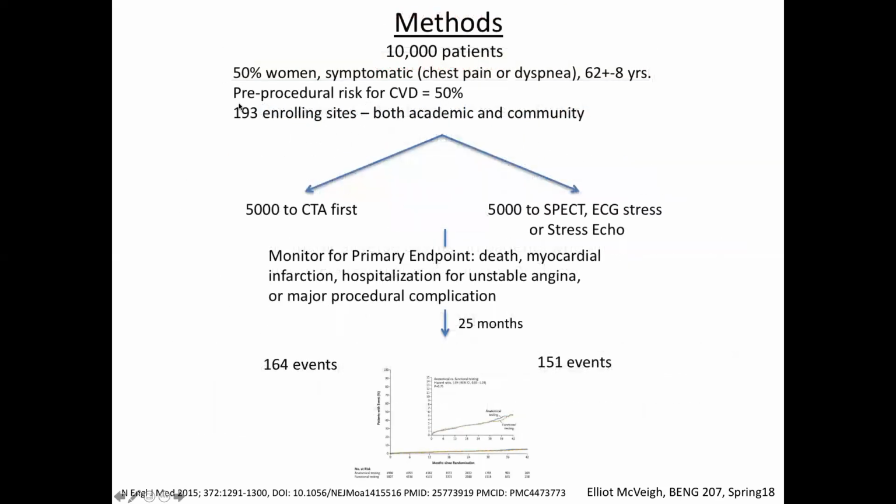So how is this trial organized? 10,000 patients, so this is not a cheap study. This was an NIH grant, and they spent many millions of dollars figuring this question out. About 50% women.